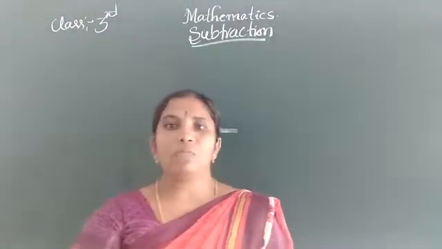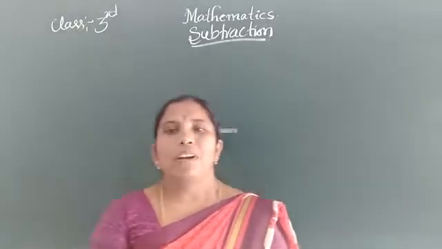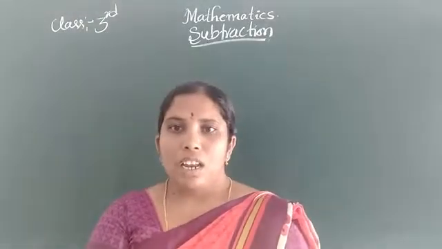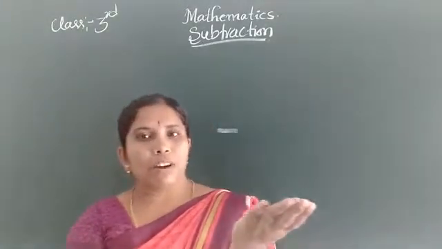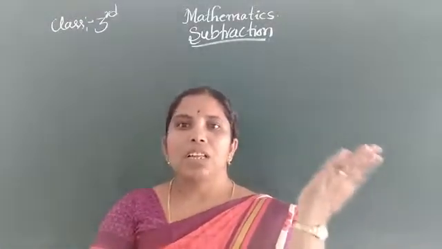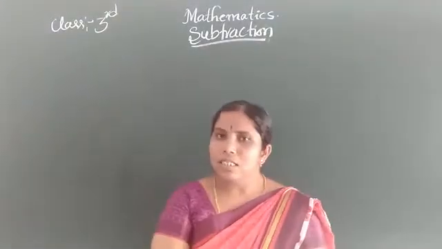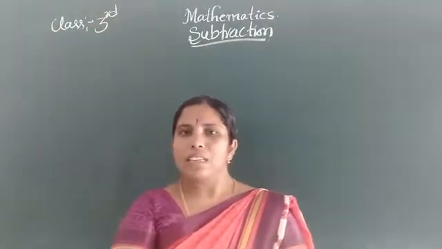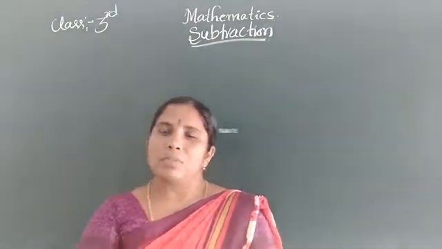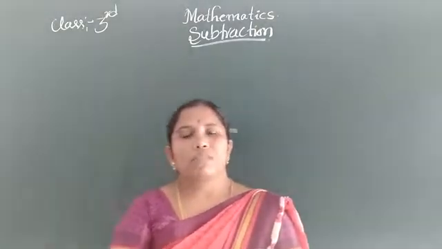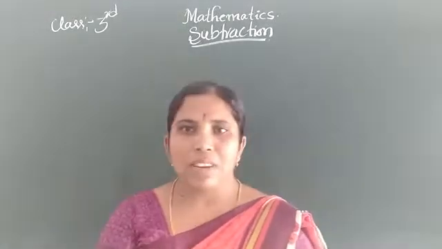And the last property: a number subtracted from itself always gives 0. So those are the properties of subtraction we discussed in the previous class.